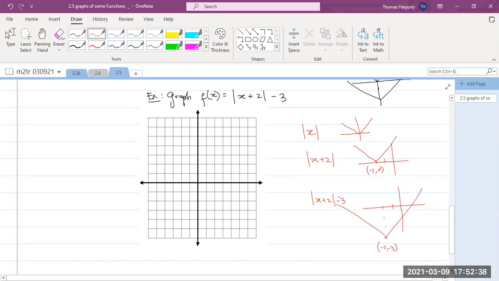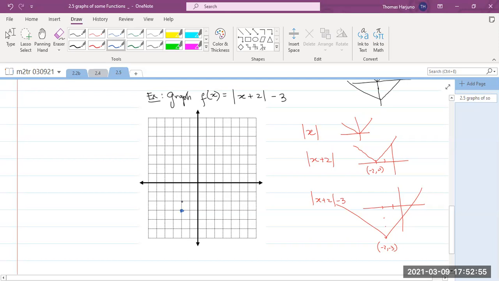That's the sketch. Now, once I give you this graphing paper, it means I want you to graph that with a lot more precision. So the vertex originally 0, 0, move to the left 2, down 3.